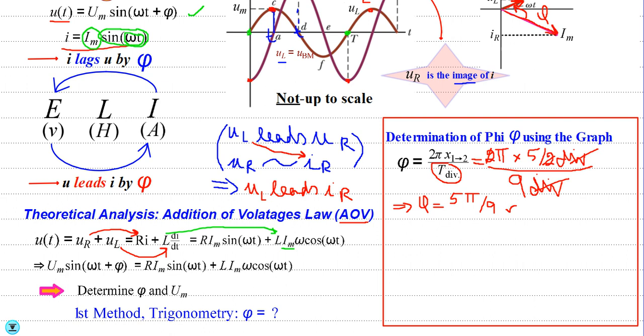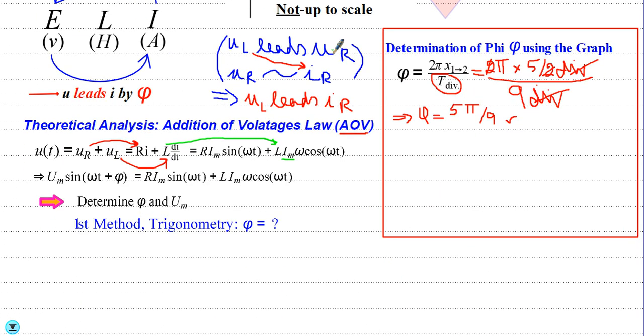From here on, the objective is to determine the phi and Um. How can we do that? We have the first method. The first method, trigonometrical method: sine alpha plus beta is sine alpha cosine beta plus cosine alpha sine beta.